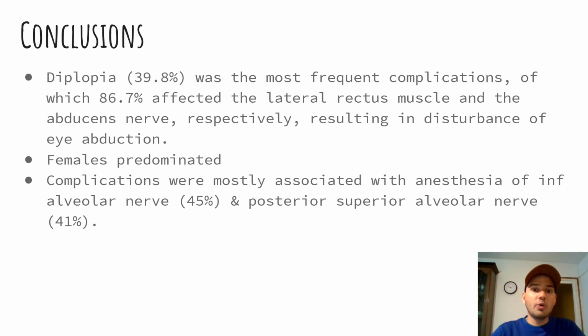So there was a greater probability of the anesthesia to reach into the orbital region. And the complications were mostly associated with anesthesia of the inferior alveolar nerve with 45% in total, and the posterior superior alveolar nerve with 41% in total of these cases.